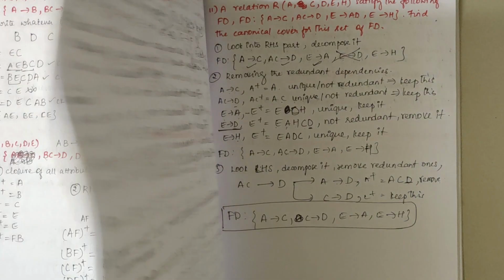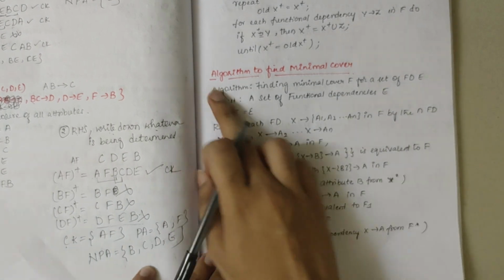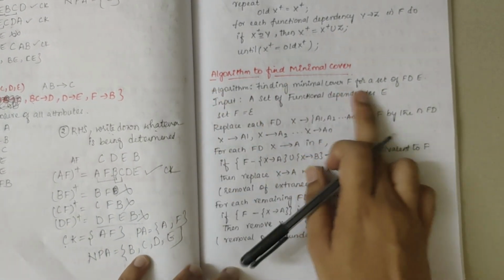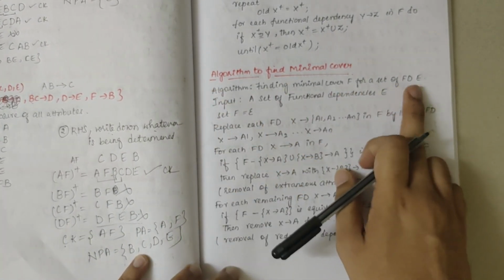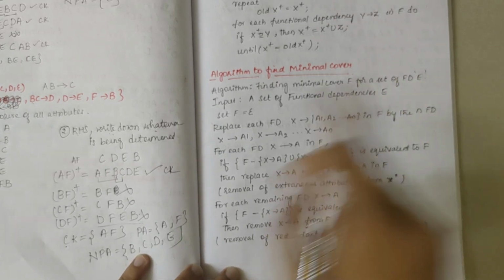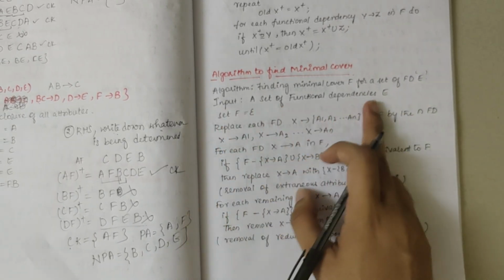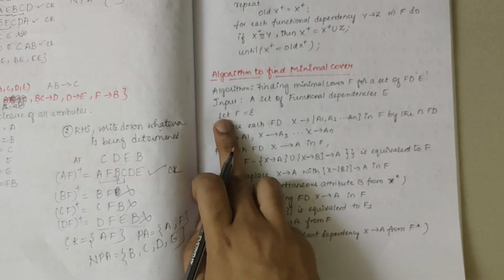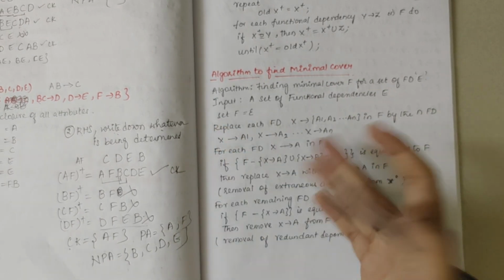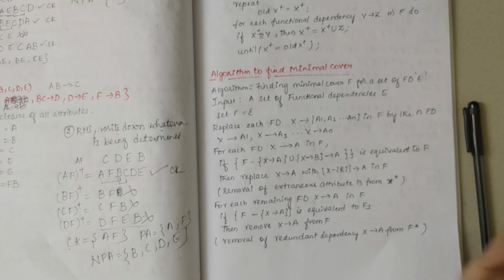So understanding the algorithm. Finding minimal cover F for a set of functional dependencies E. So E is the functional dependency here. Input is a set of functional dependencies E. First set F equal to E. First take minimal cover as E itself, the entire thing.